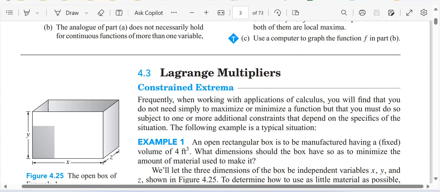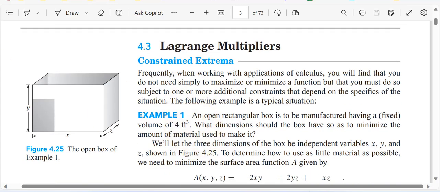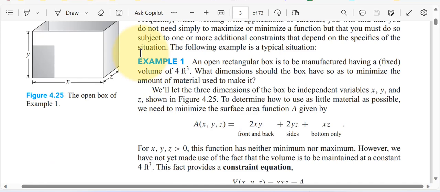So we just talked about the constraint. The constraint was to keep the inputs within the, well, actually on the circle. So this is another expression of that. Okay, so they're going to give us an example, and they want to minimize the material used to make this box, but there's also going to be a constraint.